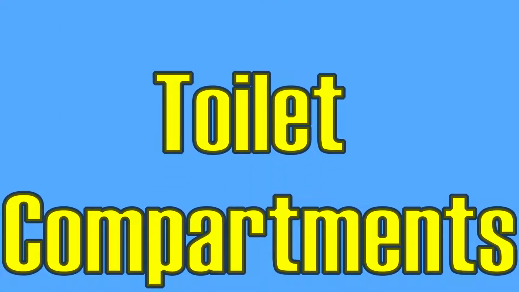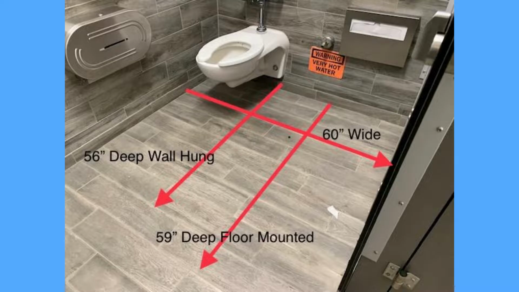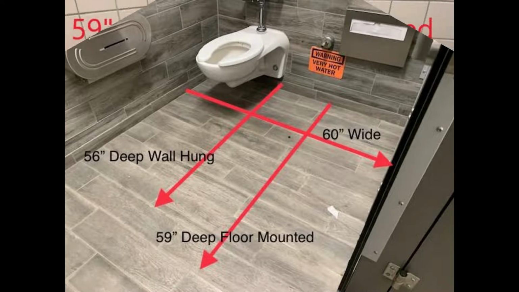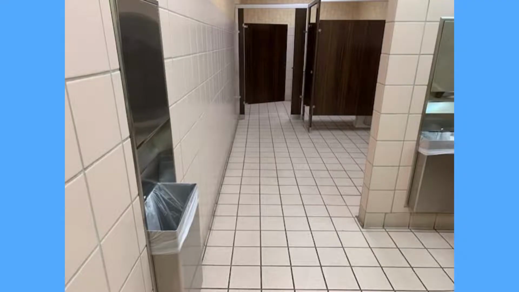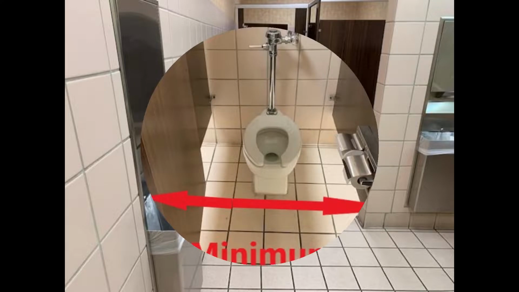Wheelchair accessible toilet compartments must be 60 inches wide minimum, measured perpendicular to the sidewall, and 56 inches deep for a wall hung, or 59 inches deep for a floor mounted water closet, measured perpendicular from the rear wall. Toilet compartment doors, including door hardware, must comply with Section 404.